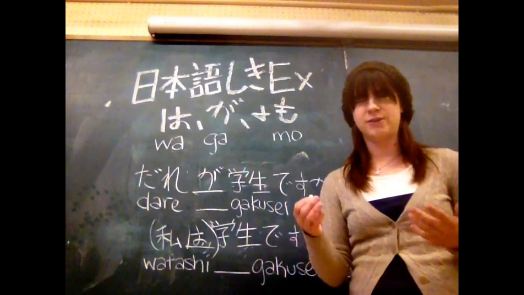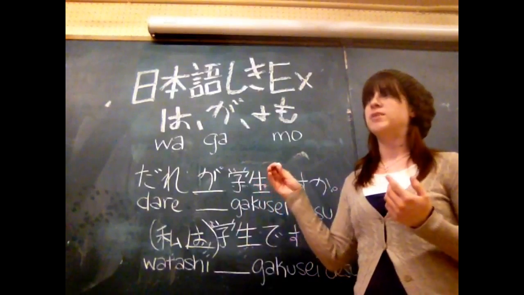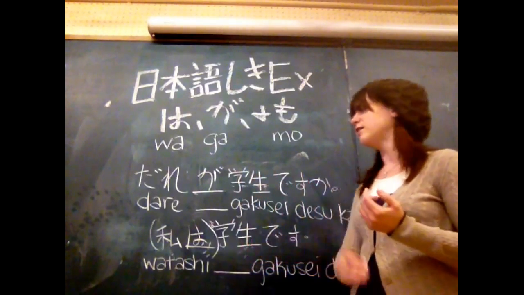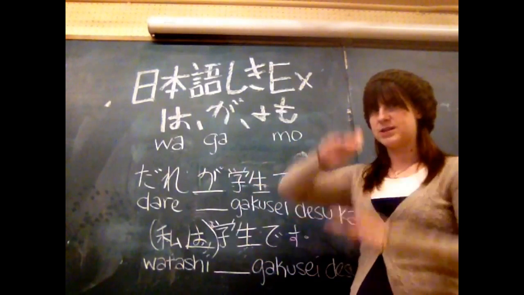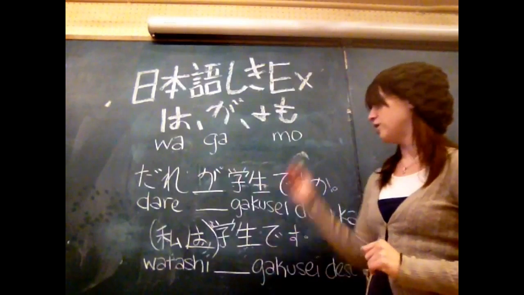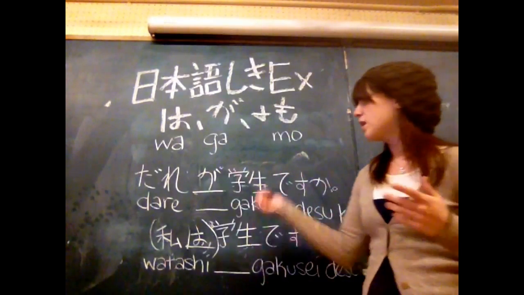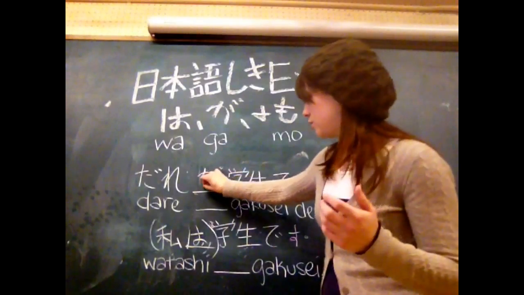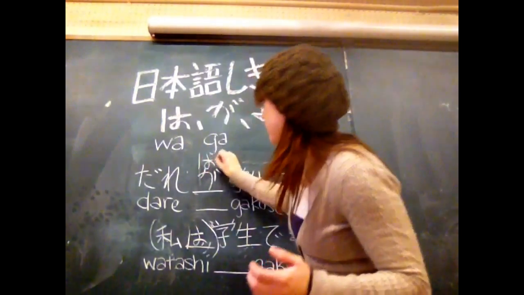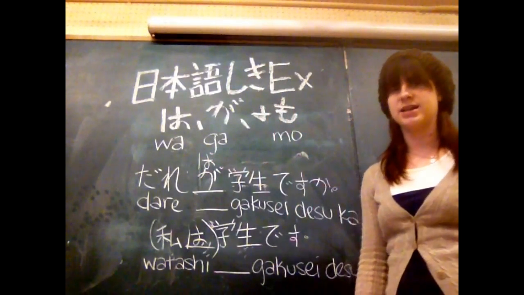This is a little confusing to explain. If you look on Tae Kim's grammar guide, you can see a much more expanded explanation of the difference between these two particles. But, for example, to contrast, you can't say, dare wa gakusei desu ka?